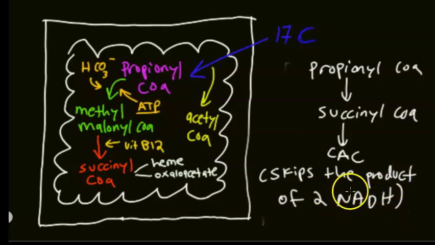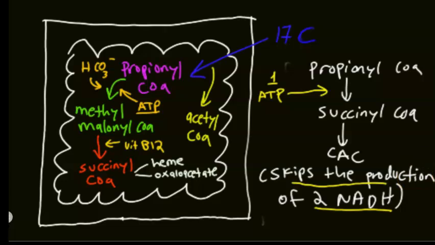And if you recall, that NADH can be reoxidized to NAD in the electron transport chain to make 3 ATP. So if it skips the production of 2 NADH, it actually skips the production of 6 ATP. And since we needed 1 ATP to convert that propionyl-CoA into succinyl-CoA, and since we skip the production of 2 NADH, we're actually going to make 7 ATP less.